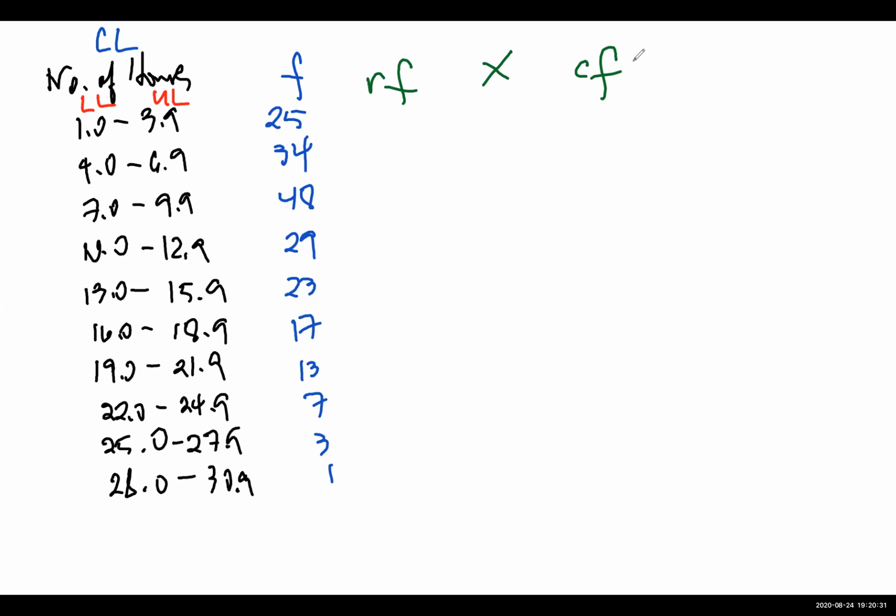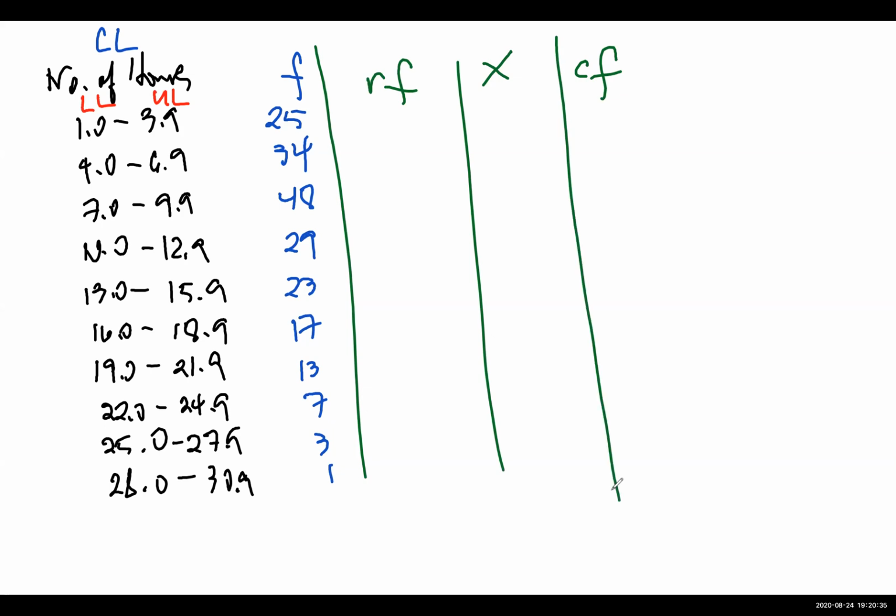So expect something like this on the test. You will see given class limits and frequency, and you're going to complete the table. Okay, so RF. How do we solve for RF again? Frequency over the sum of all frequencies. Yes, thank you.